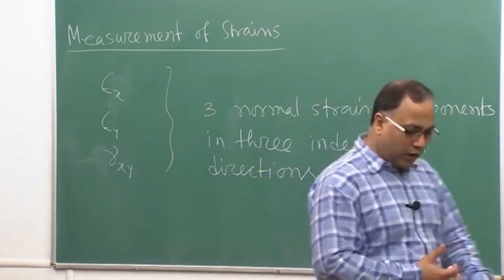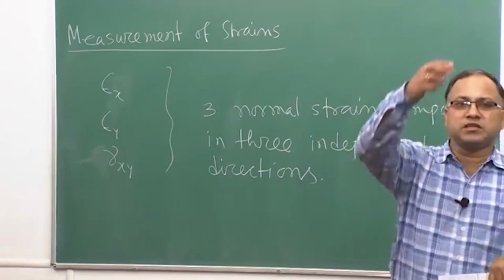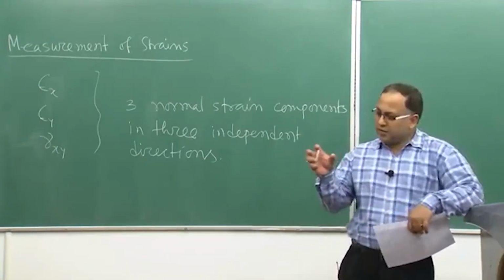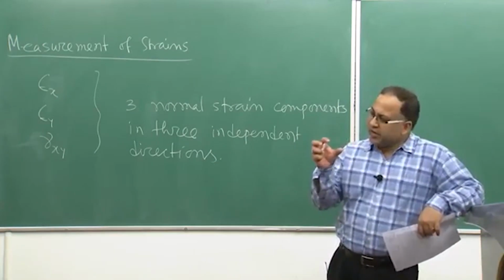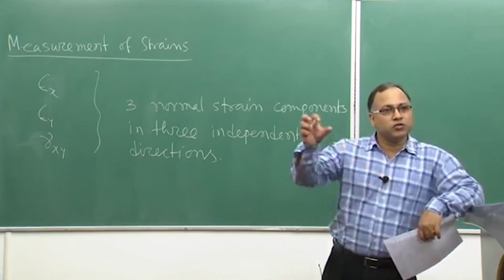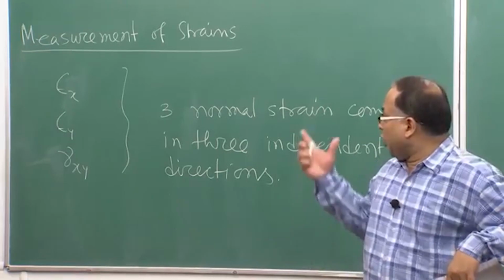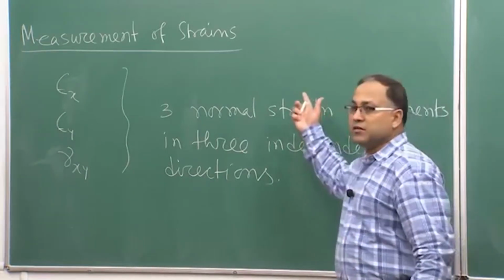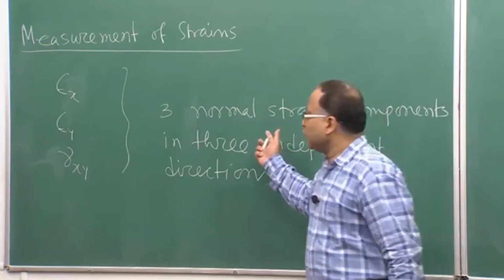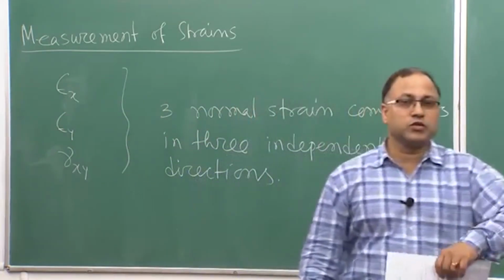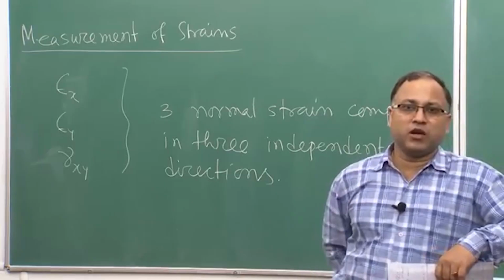Along three independent directions in the xy plane we can fix the strain gauge, and the strain gauge will record the strain along those directions. Of course, those strains are normal strains. From these three normal strain components we can back calculate the values of epsilon x, epsilon y and gamma xy.